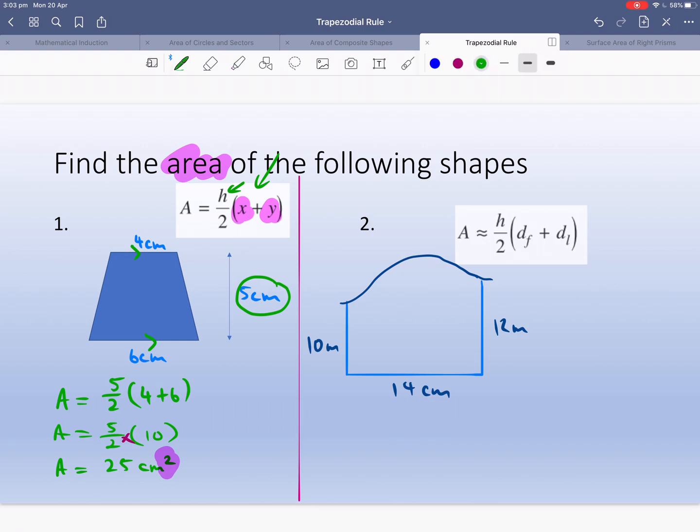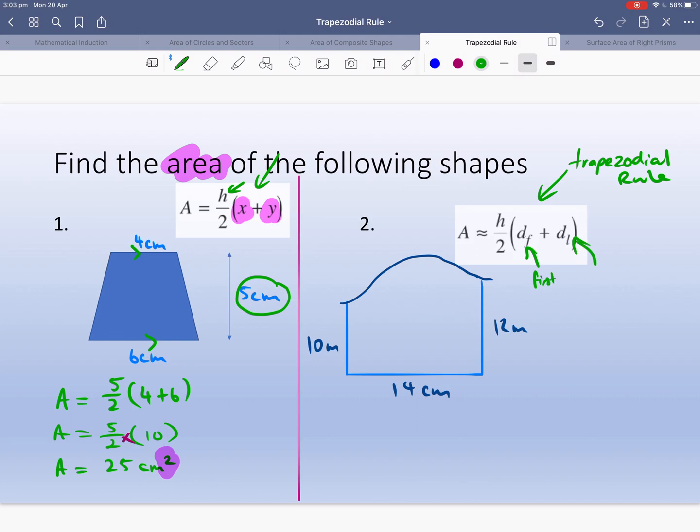Now this one is the trapezoidal rule, all right? So that's the one we're looking for. Now here, see how it says DF and DL? The F means first, all right?